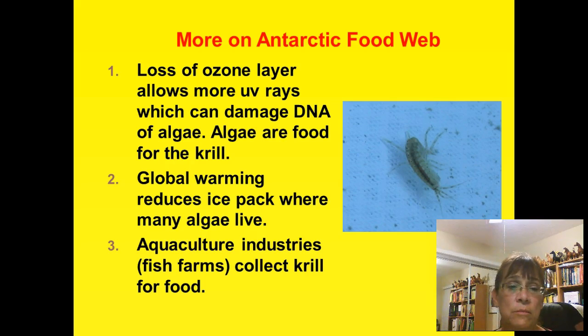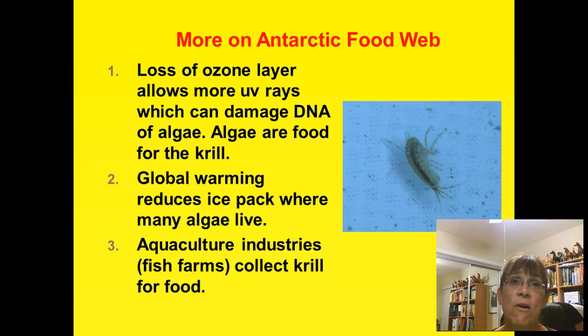Another thing wreaking havoc on this system is aquaculture industries or fish farms. And they're actually harvesting the krill for food for their fish. So it's a free source of food for them. And so if they're taking it, then the natural ecosystem is losing krill.